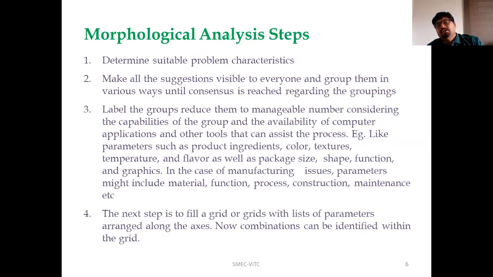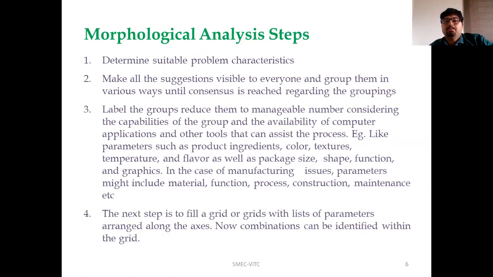The procedure is provided here step by step. Determine suitable problem characteristics. Make all the suggestions visible to everyone and group them in various ways until consensus is reached regarding the groupings. Label the groups and reduce them to a manageable number, considering the capabilities of the group and availability of computer tools that can assist the process.